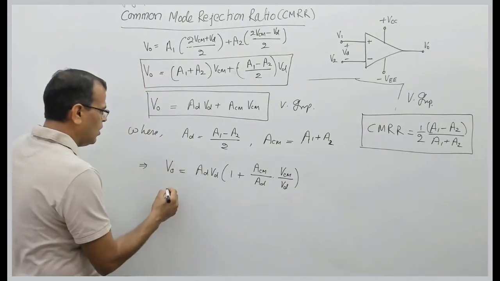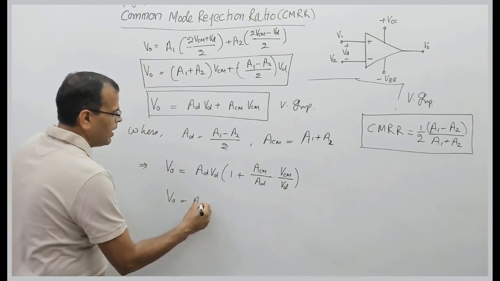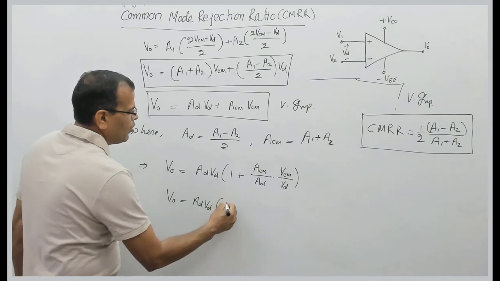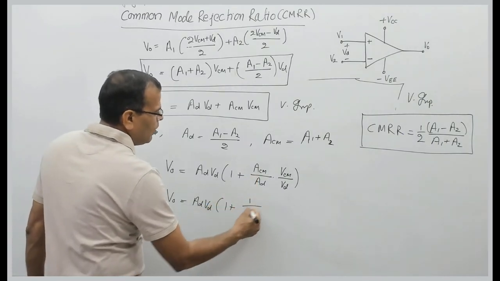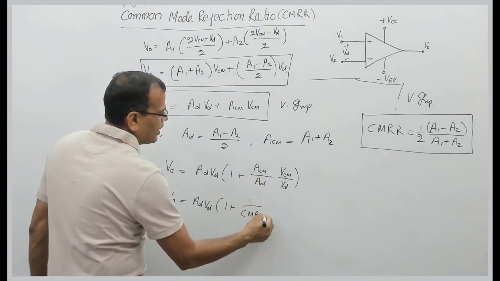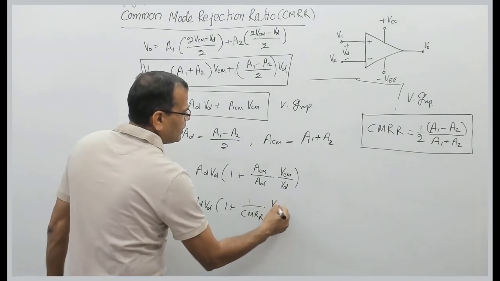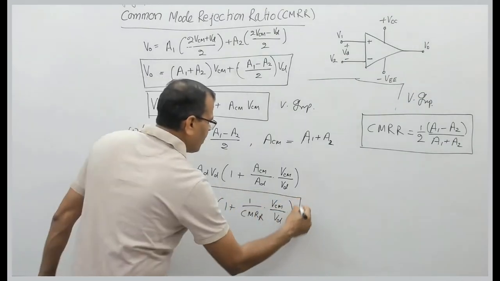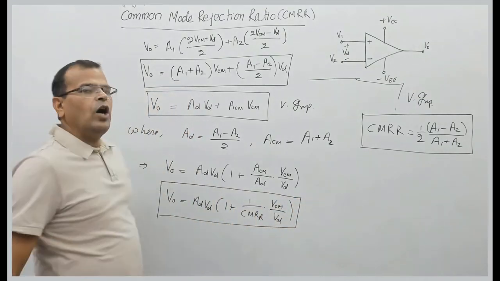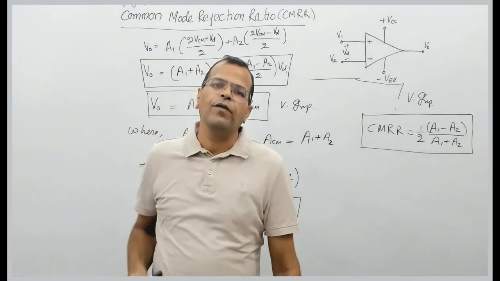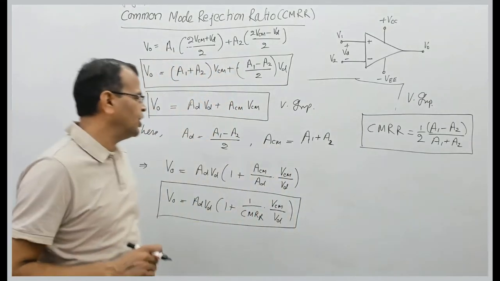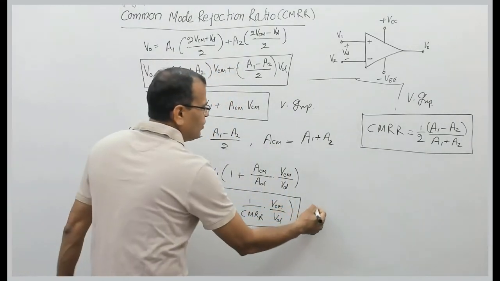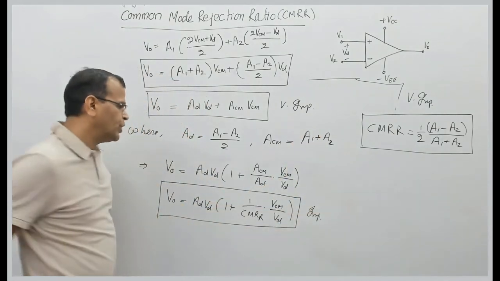Or this gives V0 equal to AD Vd into 1 plus, this is what? 1 upon CMRR. You can take it like that, into VCM by Vd. So this is another expression of output voltage in terms of common mode rejection ratio. So this is also important. You can have question on this.